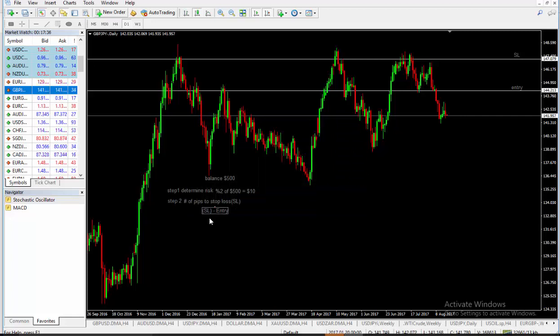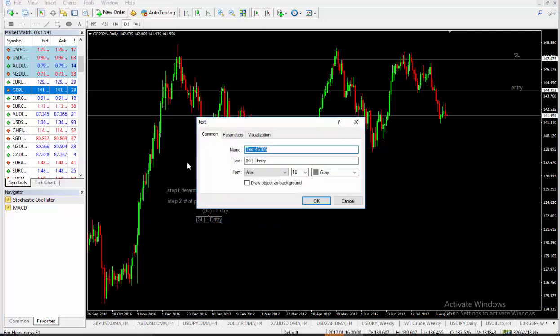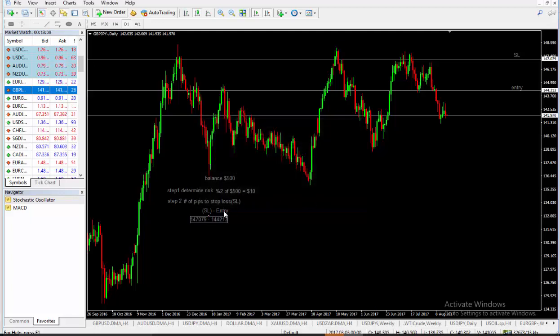Then you want to write the price as a whole number, 147079, like that, right? Subtract 144213, like this.